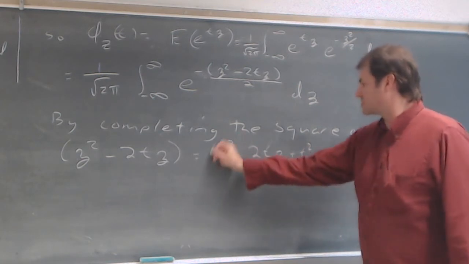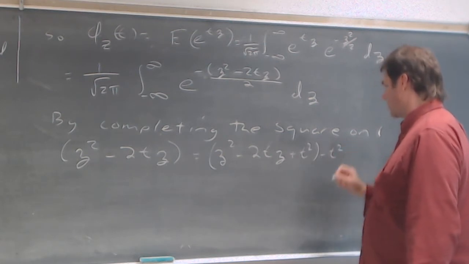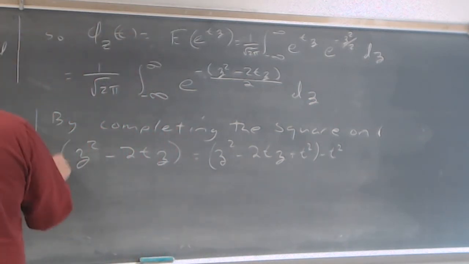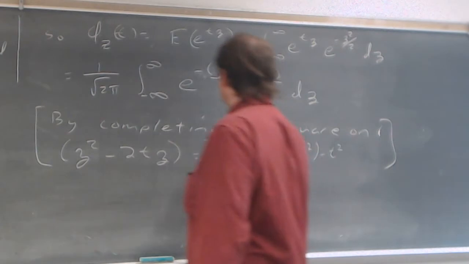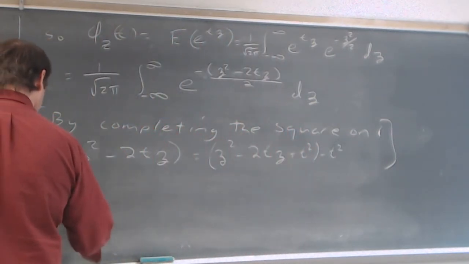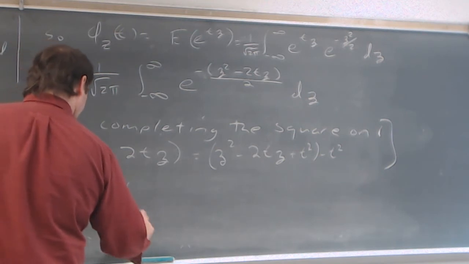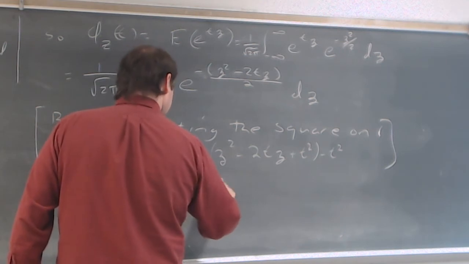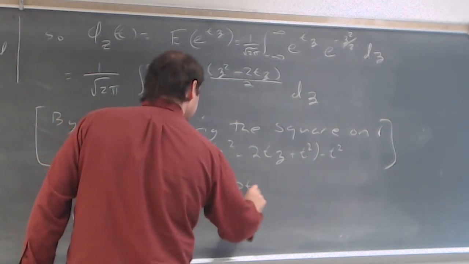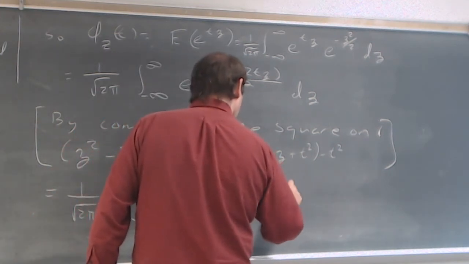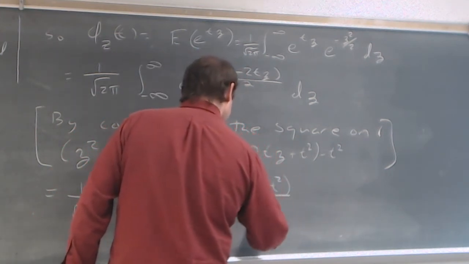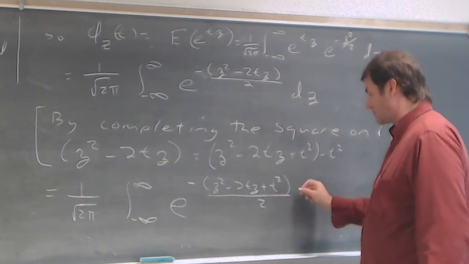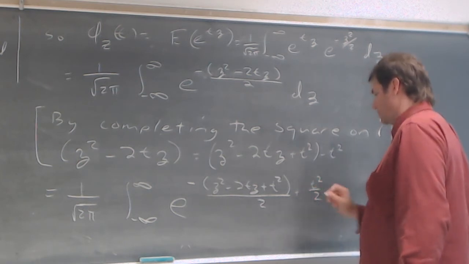And then you would have to subtract t squared. So this integral becomes 1 over the square root of 2 pi, integral from minus infinity to infinity, of e to the minus z squared minus 2tz plus t squared, over 2. Really I have added a t squared in parentheses, multiplied by minus 1. That's minus t squared, still over 2, so I'm going to have to have plus t squared over 2.